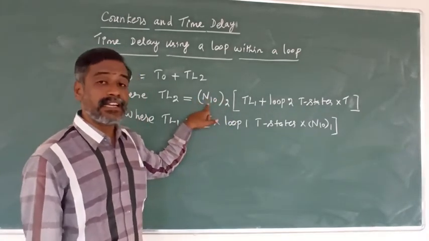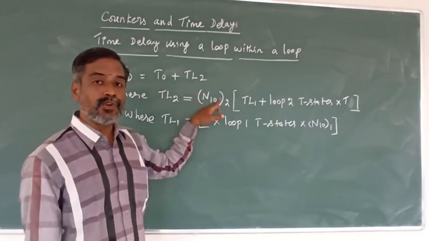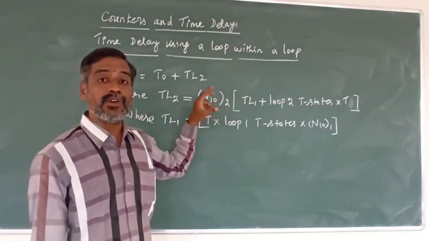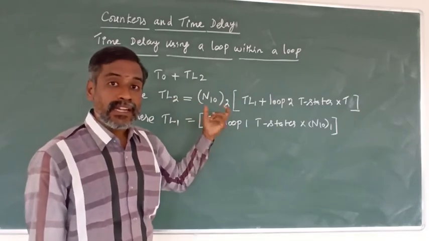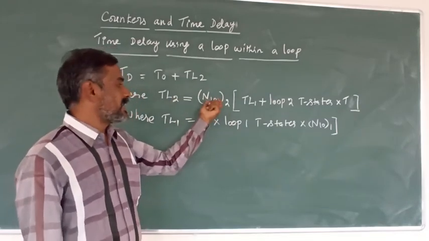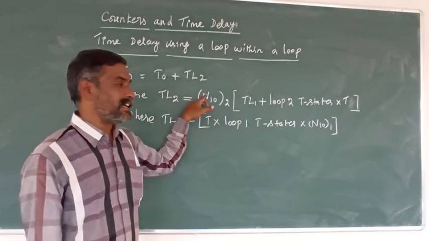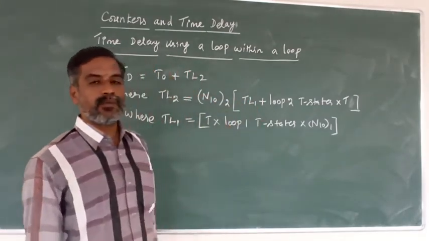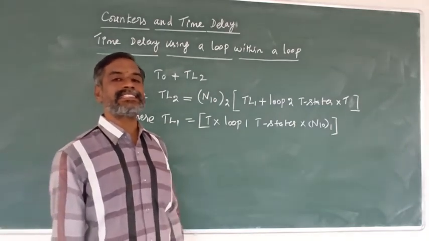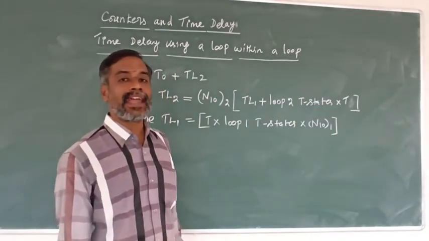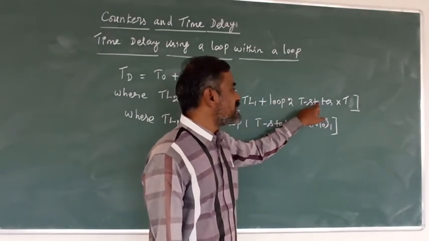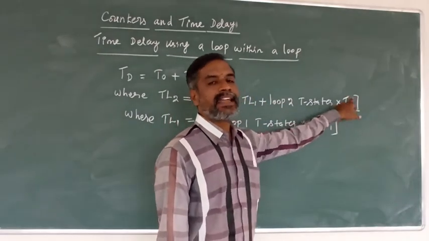We convert the loop 2 count value from hexadecimal into decimal and substitute that value here. TL1 means the loop 1 time delay, plus the loop 2 T states into the time period.